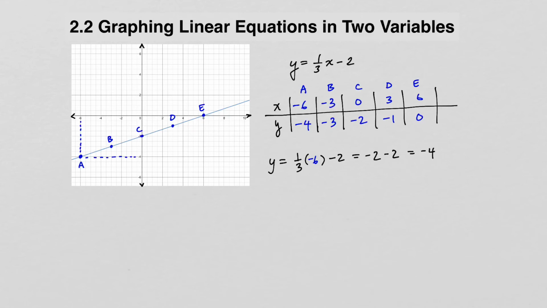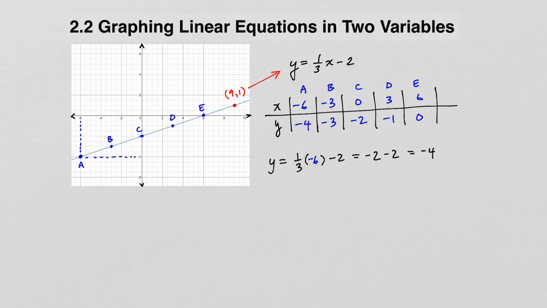Furthermore, any point that is on the graph must make the equation true. For example, you'll notice on this graph that this point is on the line, and that's the point x equals 9, y equals 1. If you plug that into this equation, you will get a true statement.